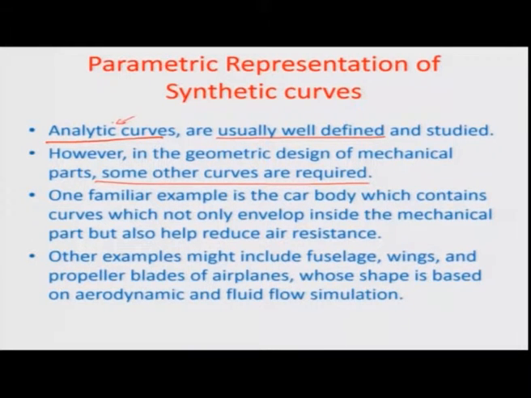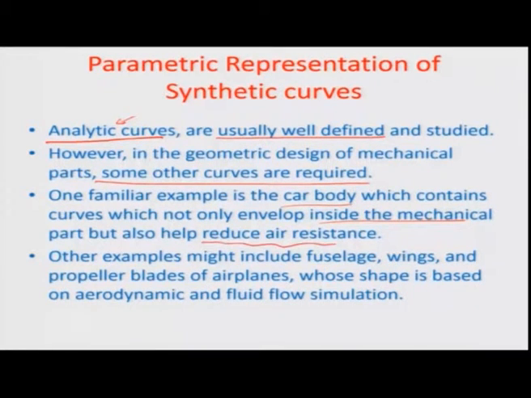One familiar example for this can be the aerodynamic design of a car body or that of an airplane, which would contain curves which not only envelop the mechanical part, but also have a functional aspect.